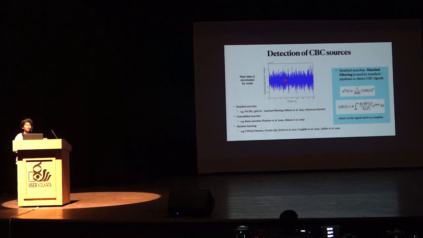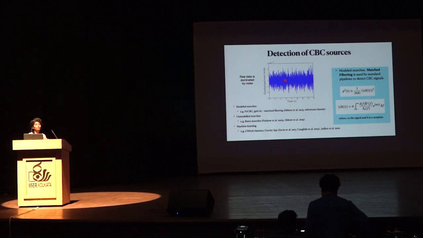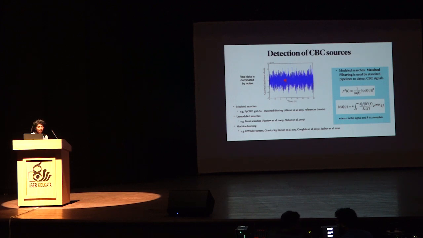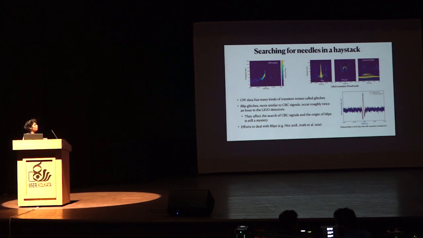It is really important to have faster methods which are also efficient in finding these signals so that we can rapidly find them, and in some cases where we do need to find the EM counterpart, we can rapidly trigger those multi-messenger kind of analysis and so on.